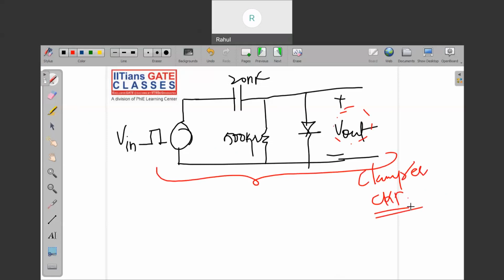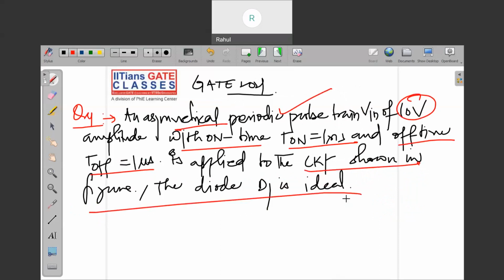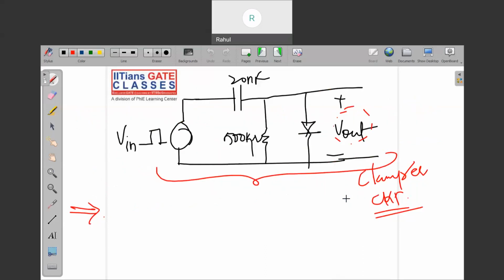So in fact, you don't need to solve the question. What is the question then? This is just the information given to solve the question. An asymmetrical periodic pulse of this amplitude, t on is 1 millisecond, off time is this, duty cycle you can compute from here, is applied to the circuit. The diode D1 is ideal, they said, means the diode can be replaced by an open circuit or short circuit, no problem.